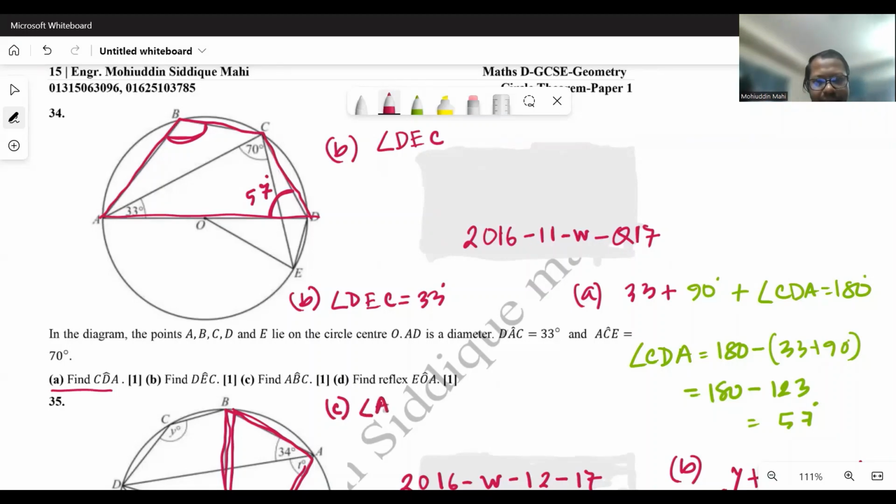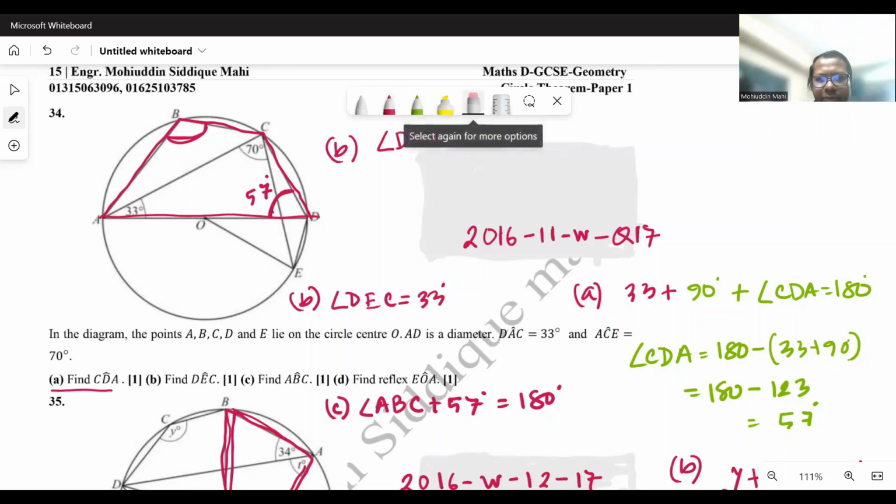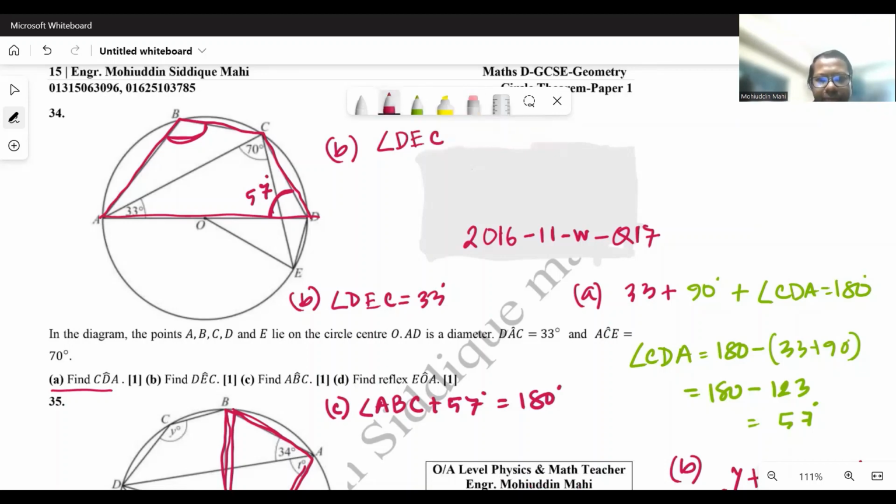So angle ABC plus 57 is 180 degrees. So angle ABC is 180 minus 57, so 123. Because ABCD is a cyclic quadrilateral, the sum of the opposite angles in a cyclic quadrilateral is 180 degrees.